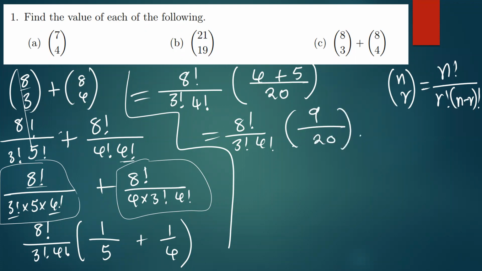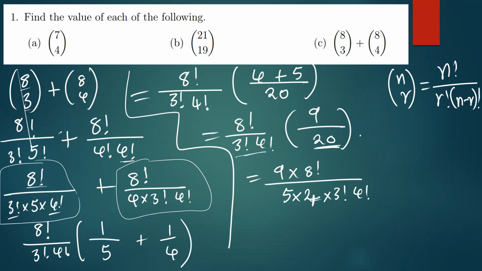So when we multiply this, 9 times 8 factorial on top, and then down there, this 20 can also be written as 5 times 4. So we have 5 times 4, then times 3 factorial, then we have 4 factorial.